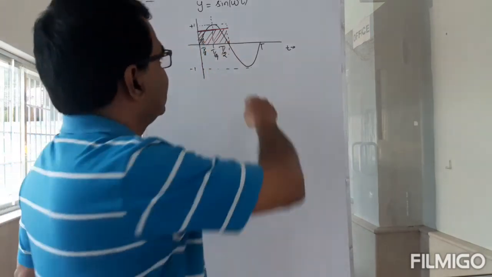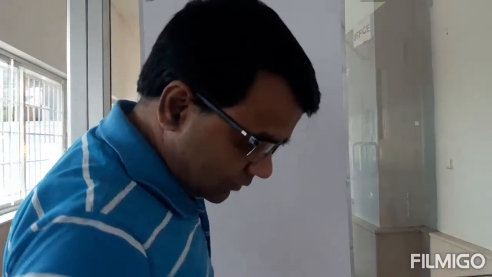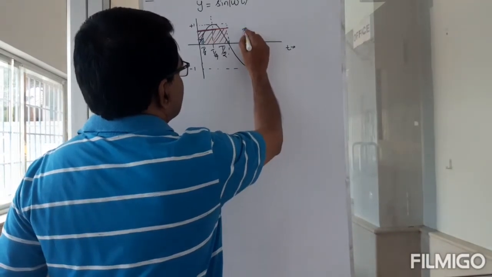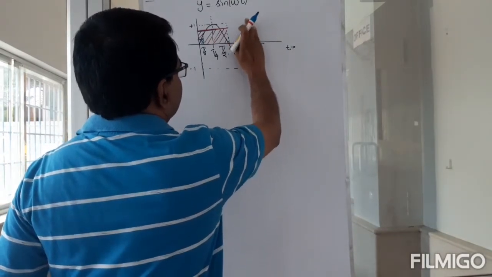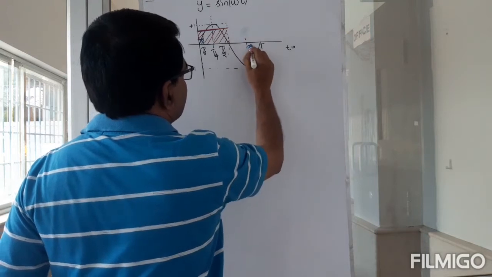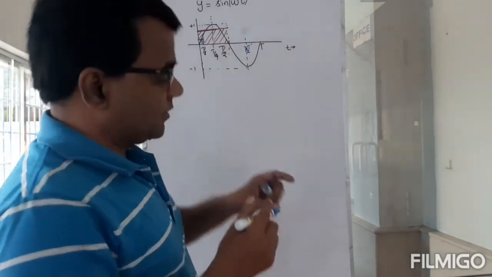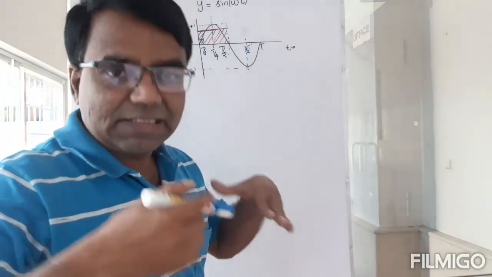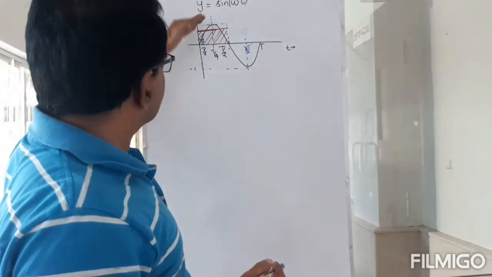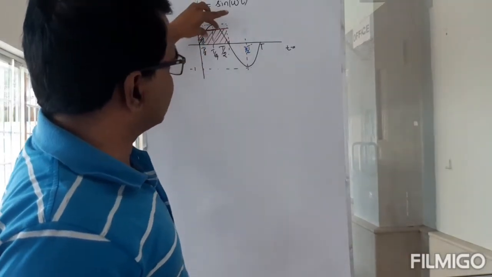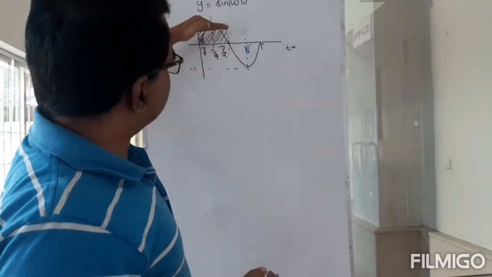And clearly, if I take a capital T, for example, say it's T by 2, if I had done that, then the mean value will have a different value, because you notice that this is a positive value, this is a negative value, but this is a smaller value than this one. So you have net positive.